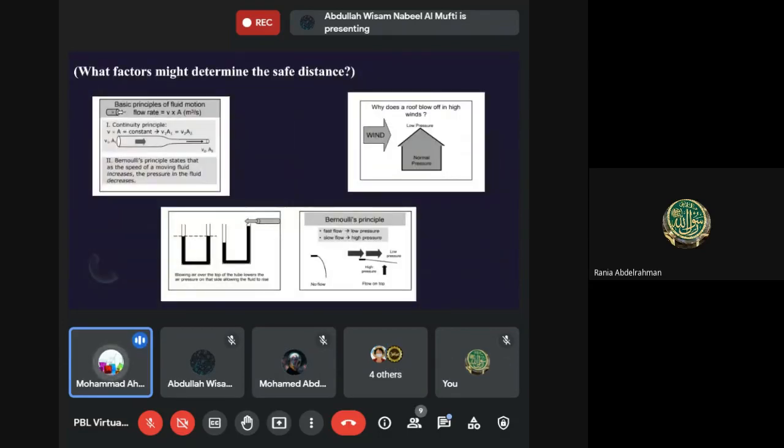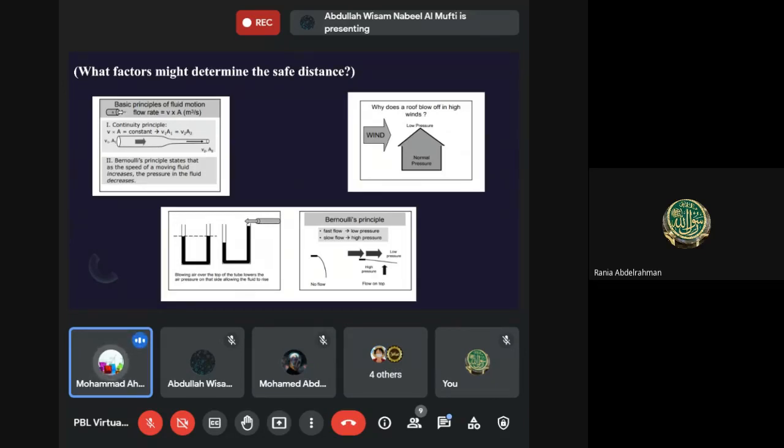Okay, now we're going to talk about the factors that determine the safe distance for the COVID-19 slow spread. As we understand, there are some reasons we can understand about safe distance and how we apply it in physics form. We used the basic principle of fluid motion and the continuity principle. We also added why a roof blows off in high winds, which is also related to pressure.